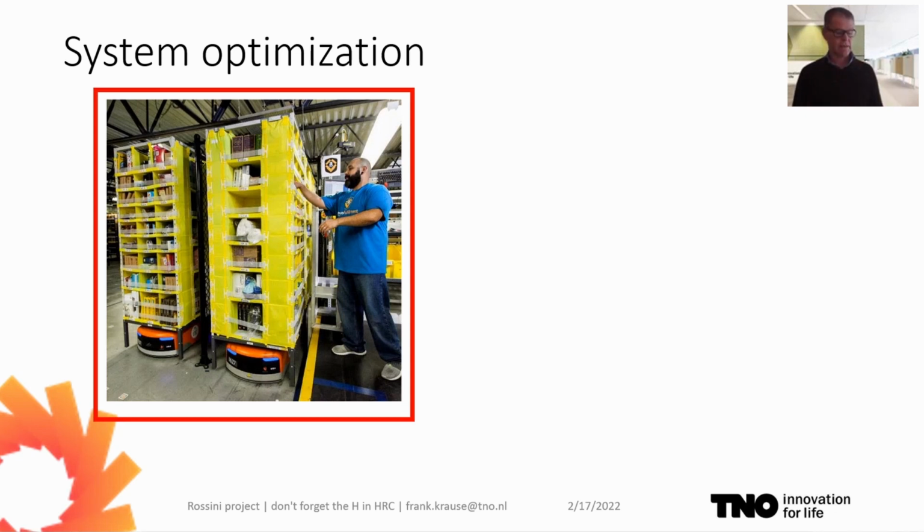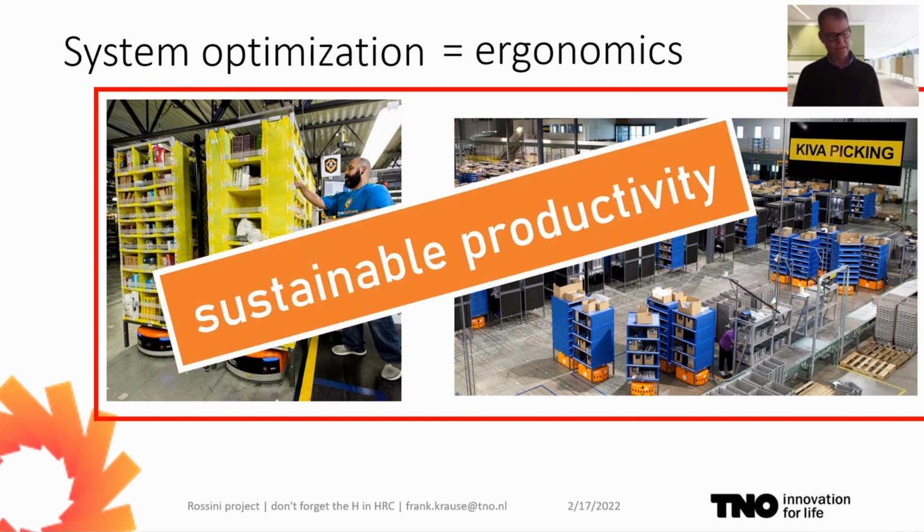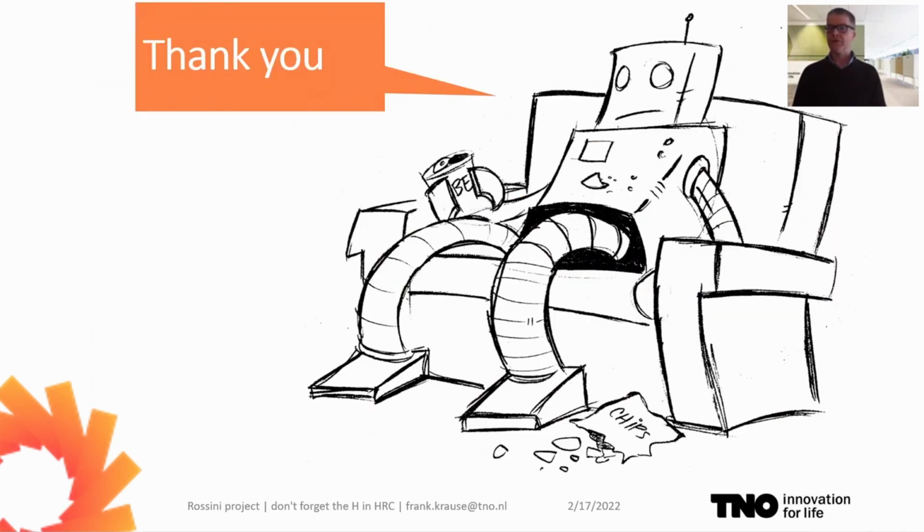This is what we did in the Rossini project, and we stress that you should also look even larger, to look at the big picture, because this is the full system that needs to operate in a perfect manner. And this is exactly what we call ergonomics, which leads to sustainable productivity. And this is exactly what you want. And with that, I thank you, and we can go on to the next speaker, and questions can come afterwards.